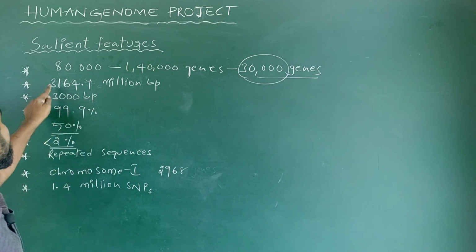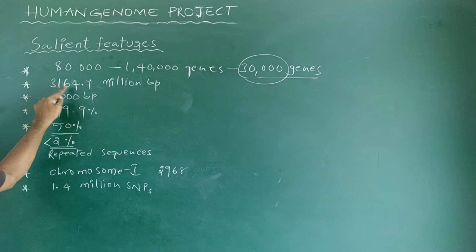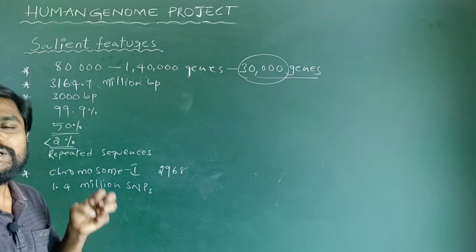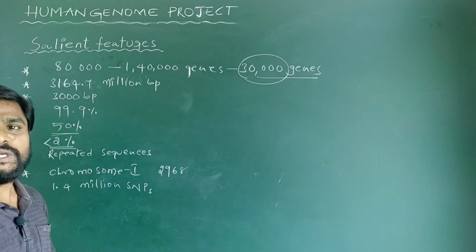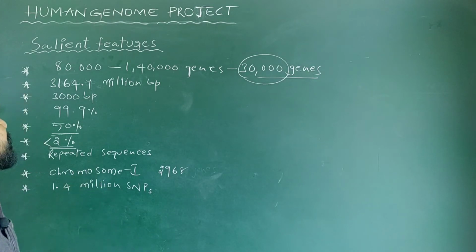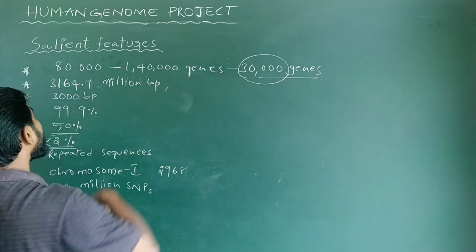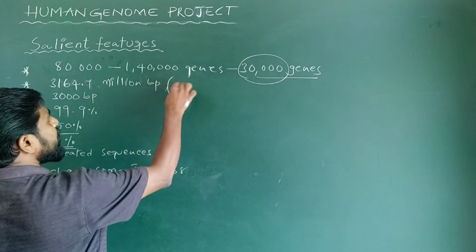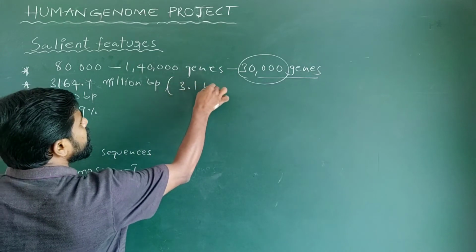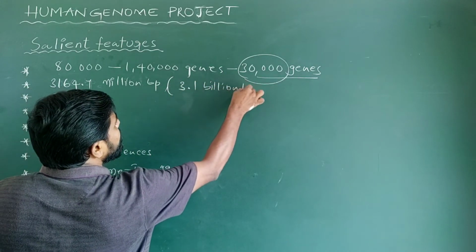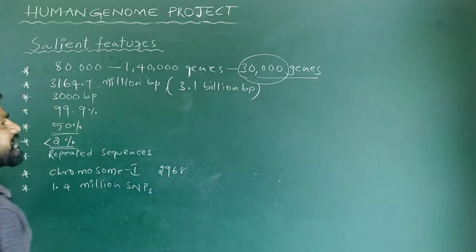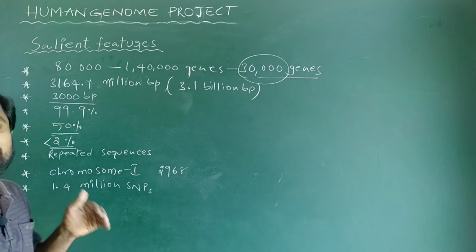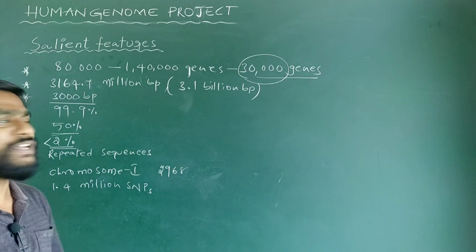And the human genome consists of 3,164.7 million base pairs, which is simply 3.1 billion base pairs. Then, 3,000 base pairs is the average length of the genes in human genome.